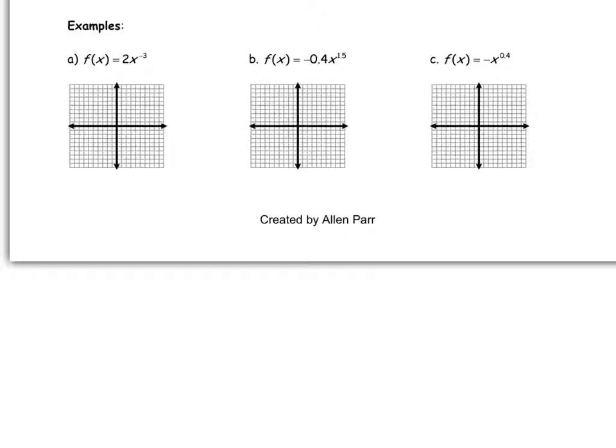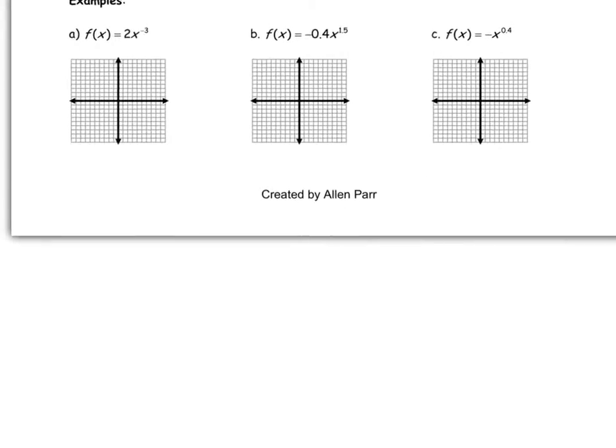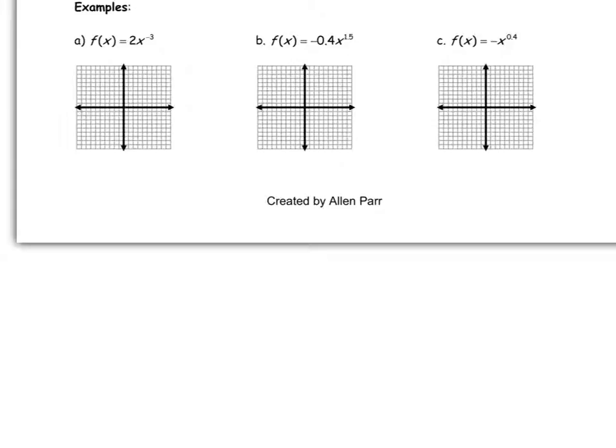I might have to graph it on another piece of paper. So I'm going to rewrite this: f of x equals 2x to the negative third power.